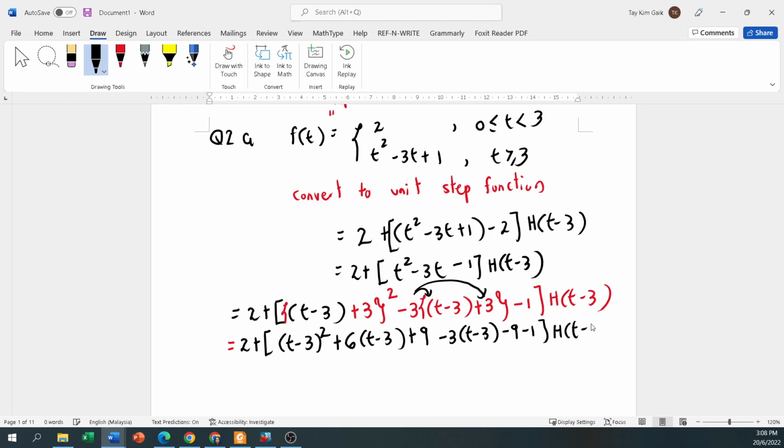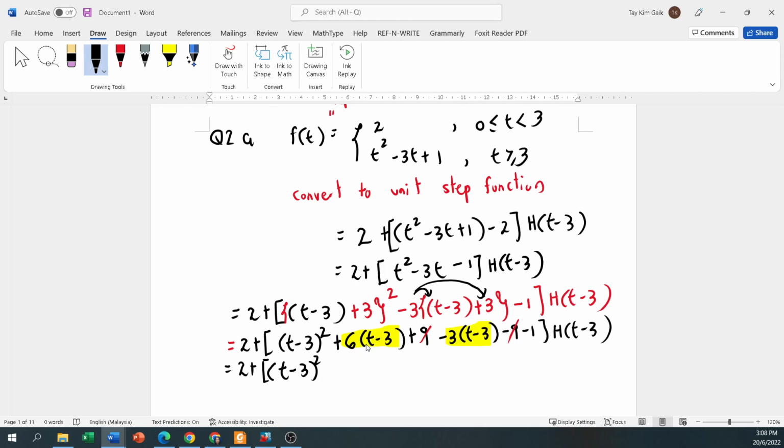h(t minus 3). So be careful with the proper bracket there. Okay, so now you can collect the same terms here, and then this one plus 9 minus 9 cancel out. So we get (t minus 3) squared.